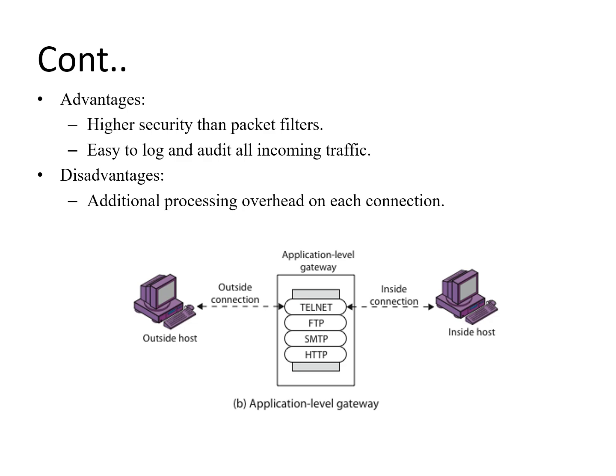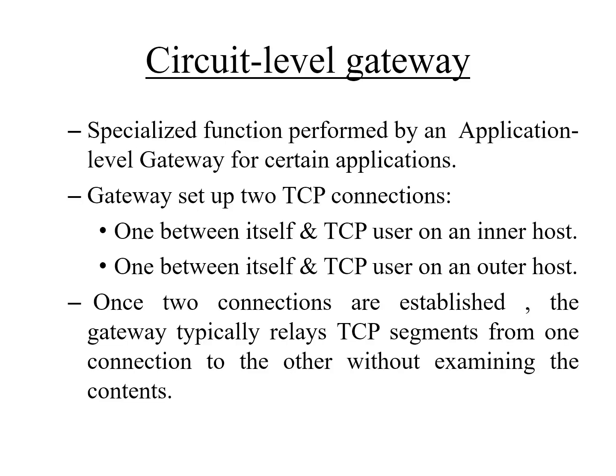The third type is the circuit level gateway. Some special functions: an application level gateway has a special job for specific applications like handling web traffic or email. Two TCP connections: the gateway sets up two separate connections, one between itself and the user on the inside network, like someone on your computer, and one between itself and the user on the outside network, like someone on a remote server.